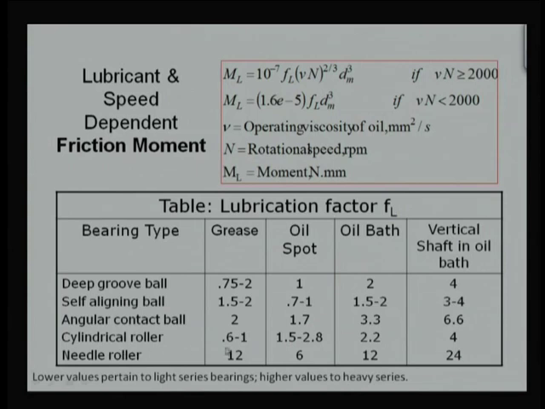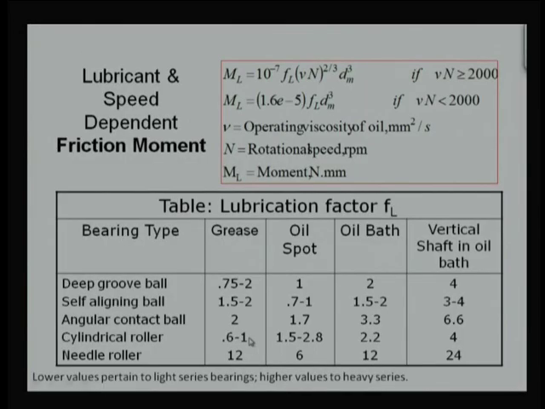Interestingly, a similar kind of comparison can be made between cylindrical roller and needle roller bearings. When cylindrical roller bearing is used, there will be a lesser number of rollers, and with the needle roller bearing, there will be more rollers. With more rollers, naturally the load carrying capacity will increase for the same dimension.